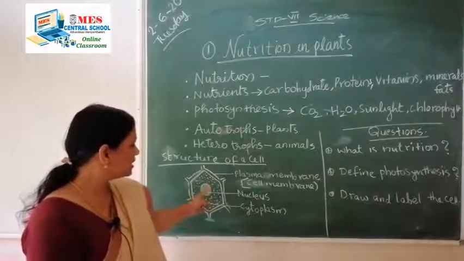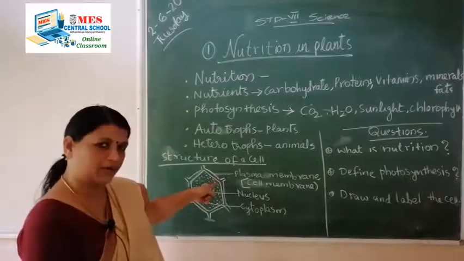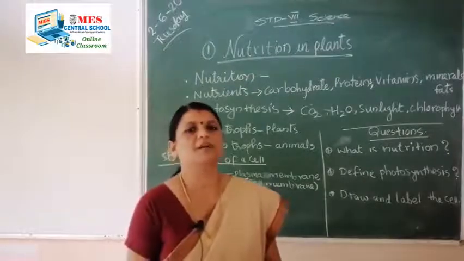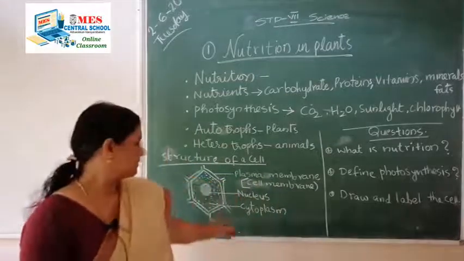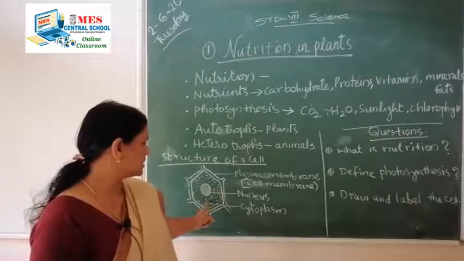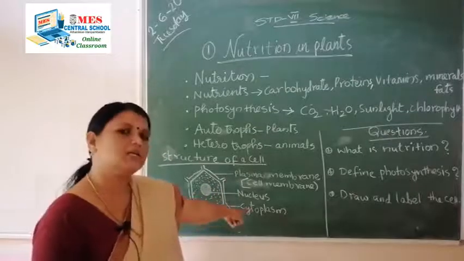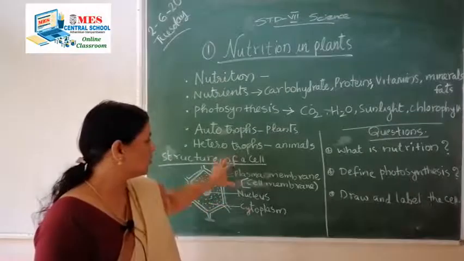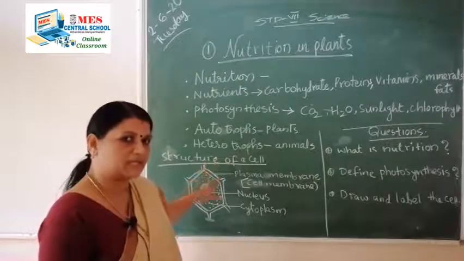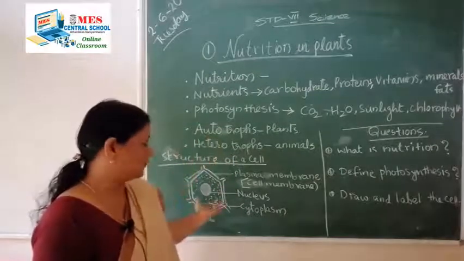And in between the nucleus and the cell membrane, there is a jelly-like structure called cytoplasm. These are the three parts of a cell.